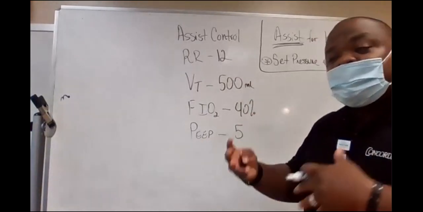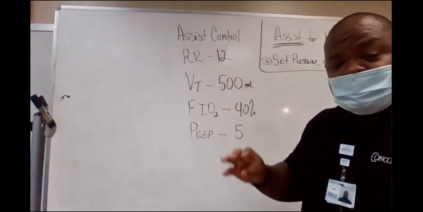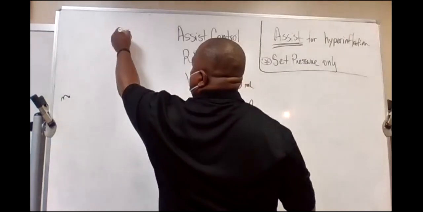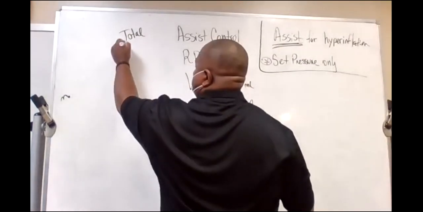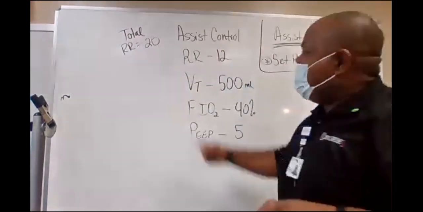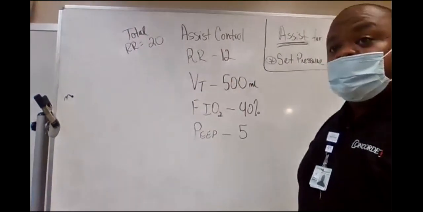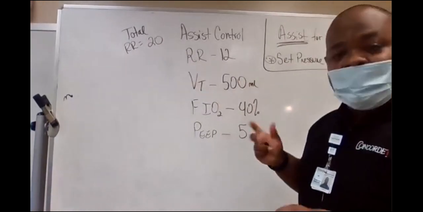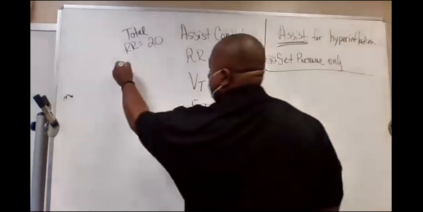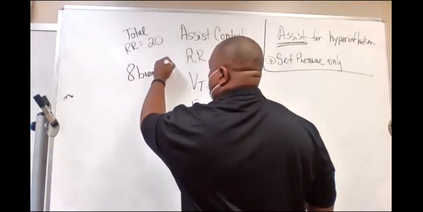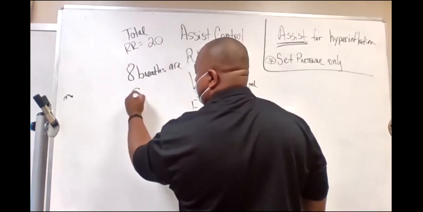But then as he gets better, and you look at the total respiratory rate, and it says his total respiratory rate was, let's just say 20, right? Well, how many breaths is he breathing on his own? Because I'm giving him 12, but his total is 20. 8. So that means 8 breaths are spontaneous.